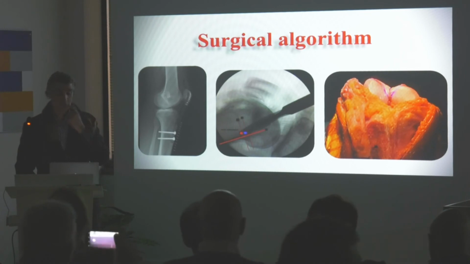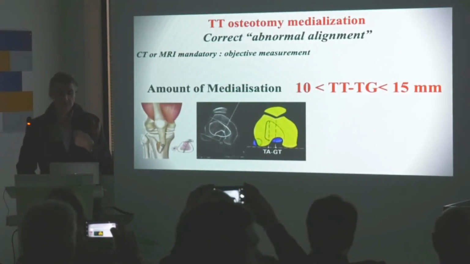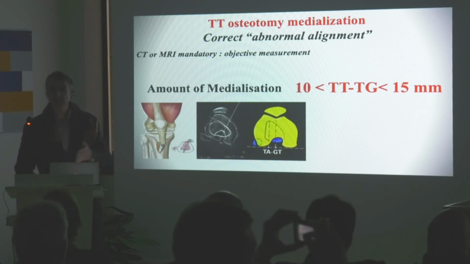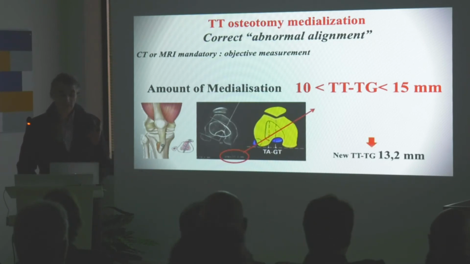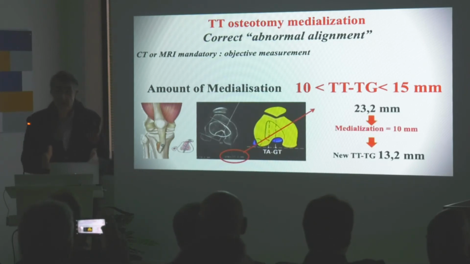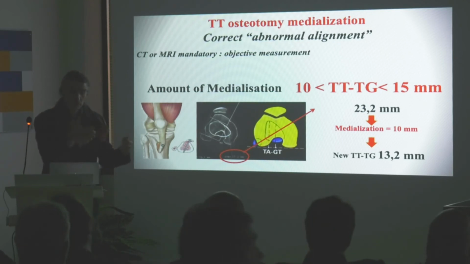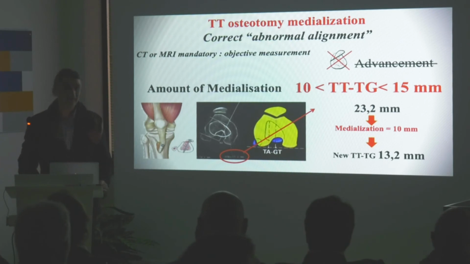So the surgical algorithm would be this one. If you have an excessive TTTG, you will correct it and you will bring it back between 10 and 15 if you use CT, between 8 and 13 if you use MRI. You correct the abnormality. And it's very easy because you take the value you have on your MRI or on your CT, and you take your ruler, and during surgery you will correct it. Never do any advancement.